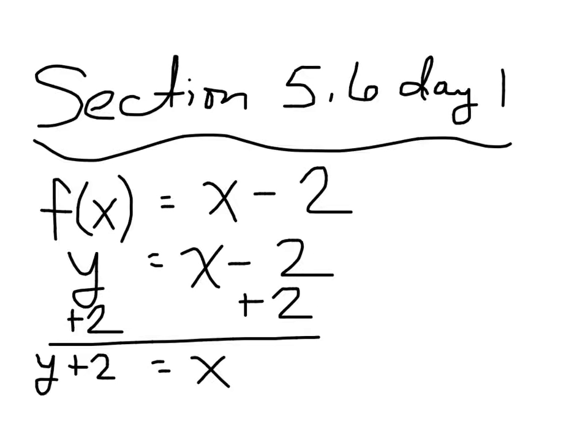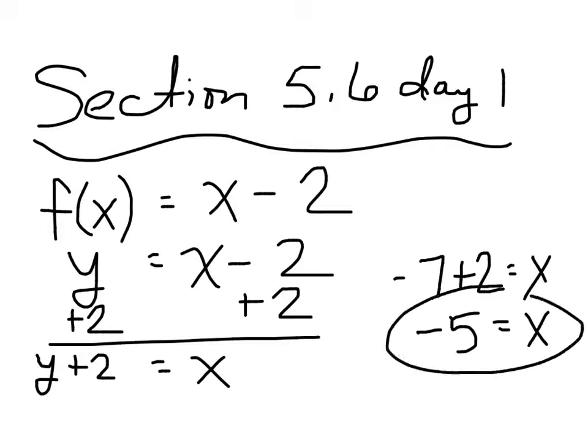So when it says find the input in order to get an output of -7, you put -7 in for y and see what we get. What's -7 plus 2? -5. And done.